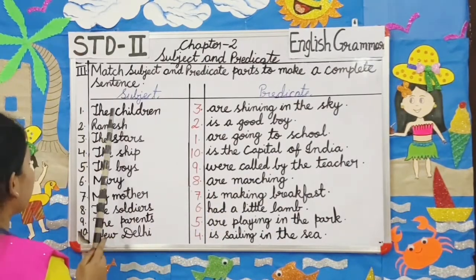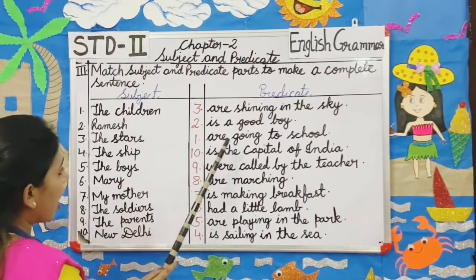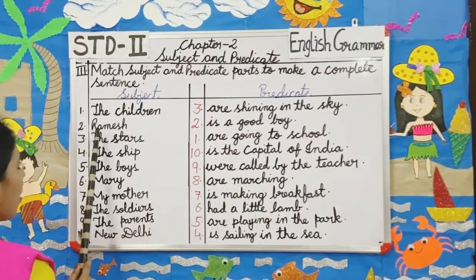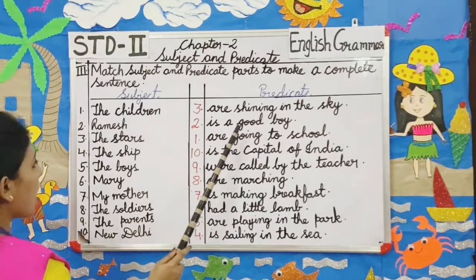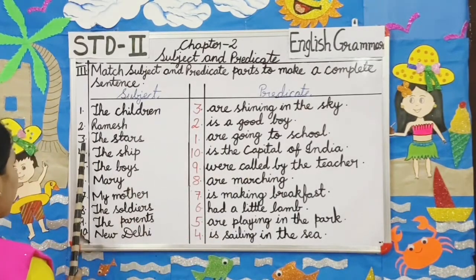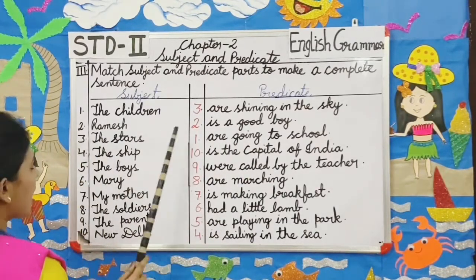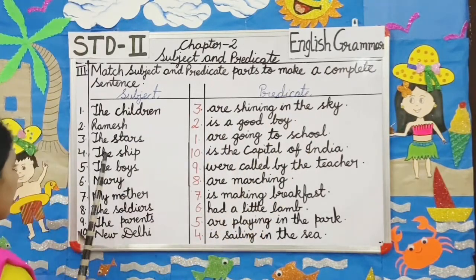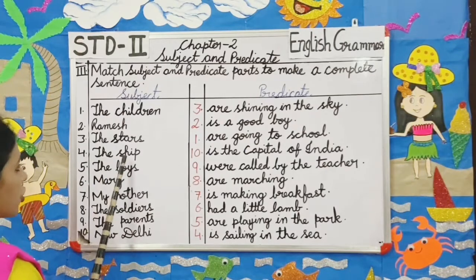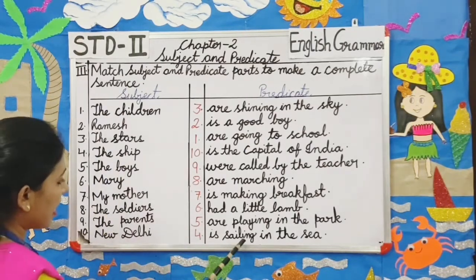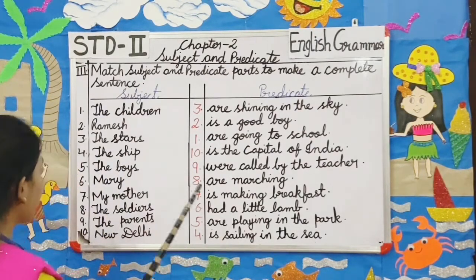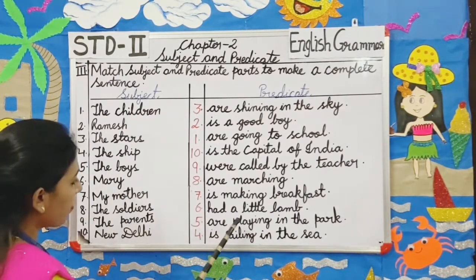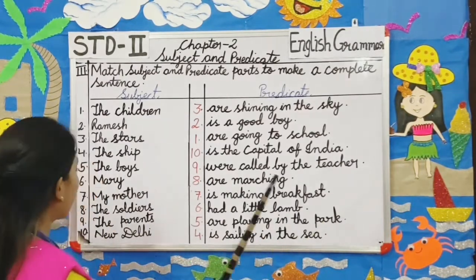Number 1. The children are going to school. Number 2. Ramesh is a good boy. Number 3. The stars are shining in the sky. Number 4. The ship is sailing in the sea. Number 5. The boys are playing in the park.